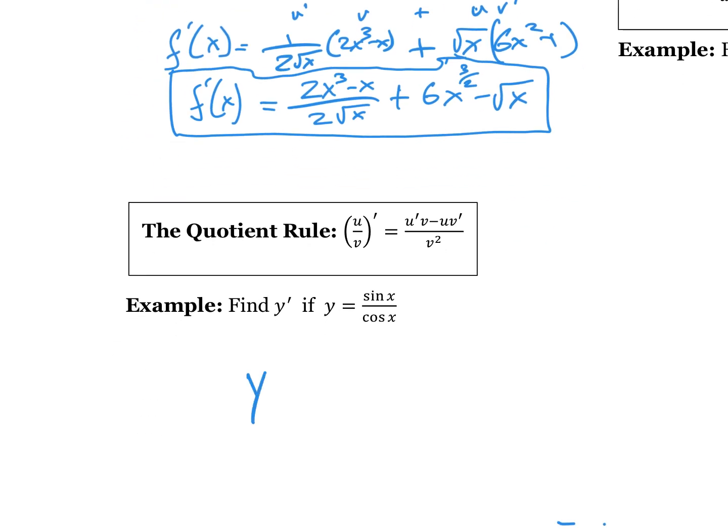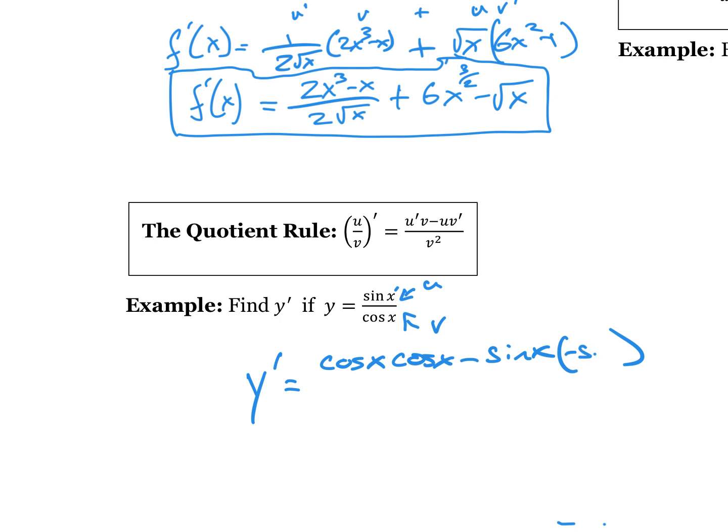So here we have y prime for sine over cosine. We've got the derivative of u, which is the top. So this is u, this is v. The derivative of sine is cosine of x times the bottom, which is cosine of x, minus the top, which is sine of x, times the derivative of the bottom.